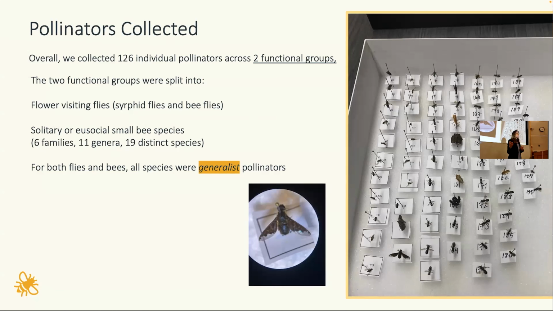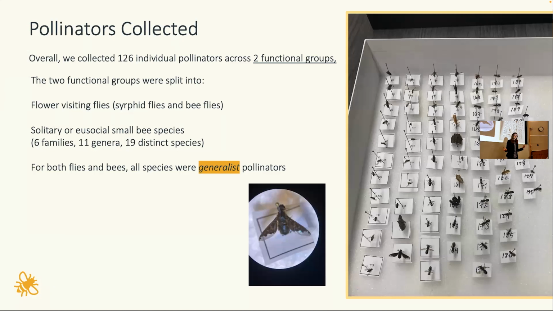So to jump right in, we collected 126 individuals on 4 different species of Triodanis, and all of these pollinators fell into 2 functional groups. If you're not familiar with functional groups, they're just a way of broadly categorizing pollinators that share the same functional traits. These 2 functional groups were flower-visiting fly species and solitary or eusocial small bee species.